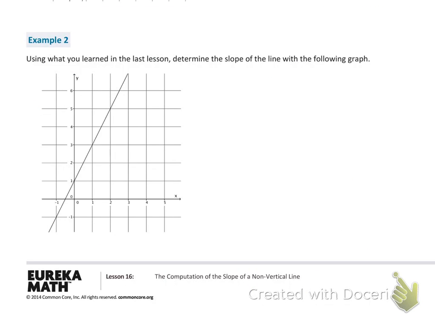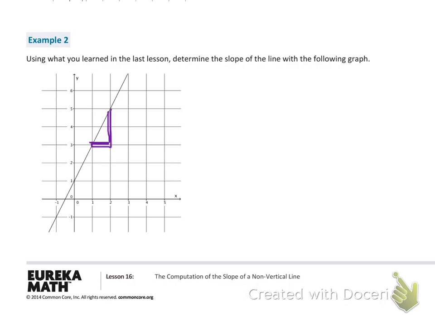Okay, so on example 2, again, we're looking for 2 points that are on the line that are also readable on our graph. And so we have this distance. I'm seeing a distance of 1 right here, and I can draw that slope triangle just like so.